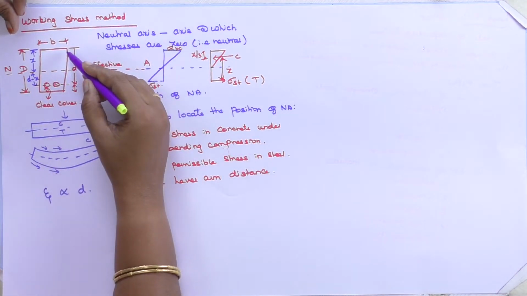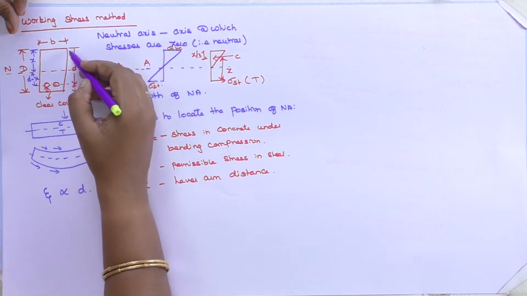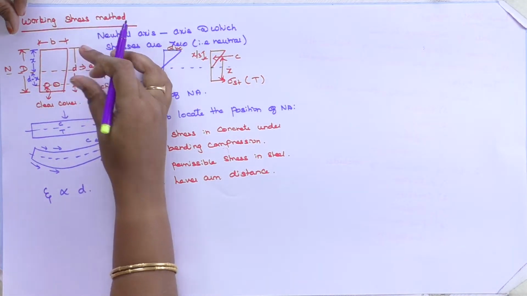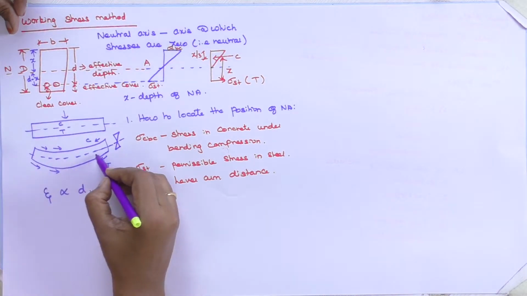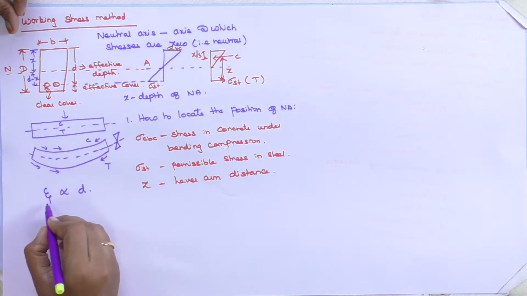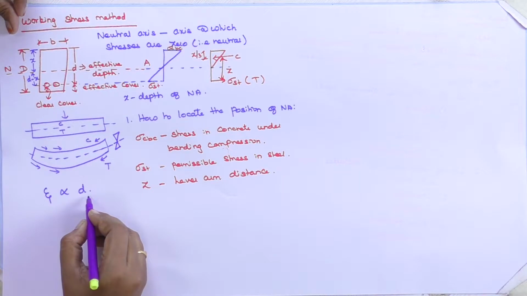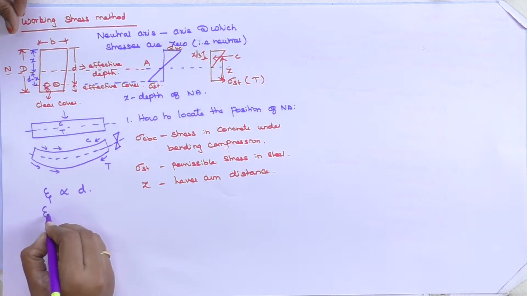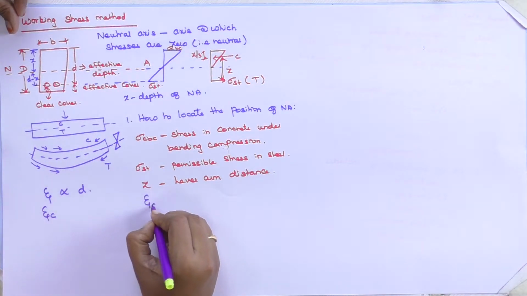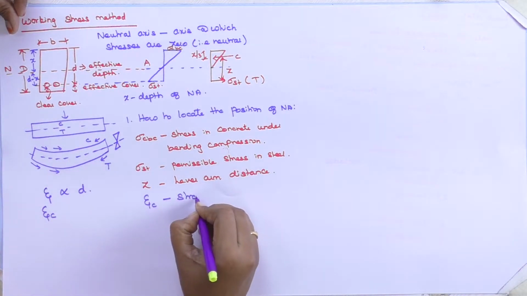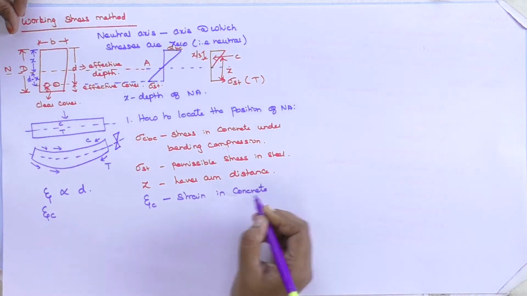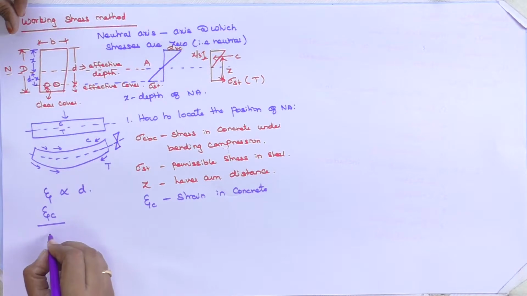So, the strain is directly proportional to your depth. When we decrease our depth or when we increase our depth, it is being shrinked. That's why the strain is directly proportional to D. We can remove the proportionality sign. Epsilon C, this is strain in concrete, divided by x.